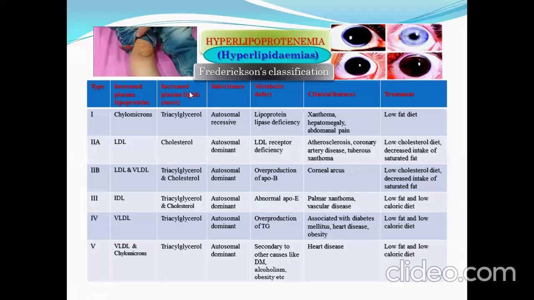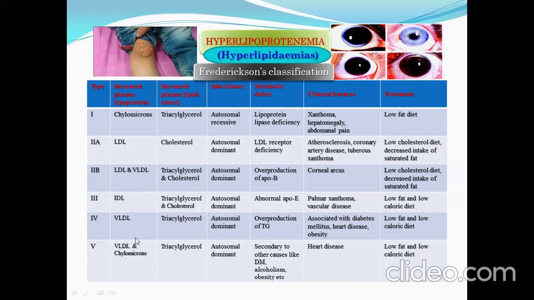You can see here, in type 1 there is increased chylomicron, whereas in type 2A there is increased LDL. Type 2B has increased LDL and VLDL. In type 3, increased IDL. Type 4 has increased VLDL. In type 5, VLDL and chylomicrons increase.